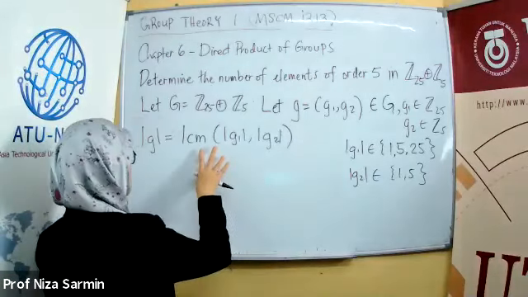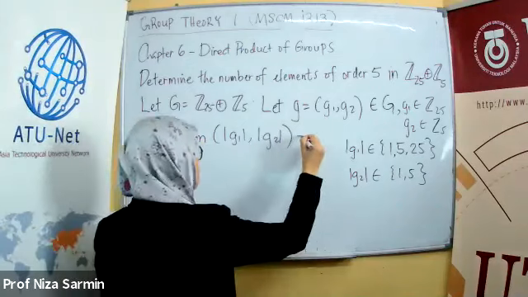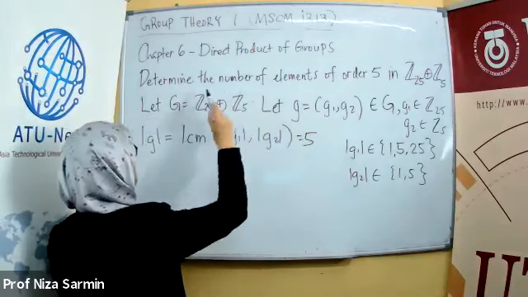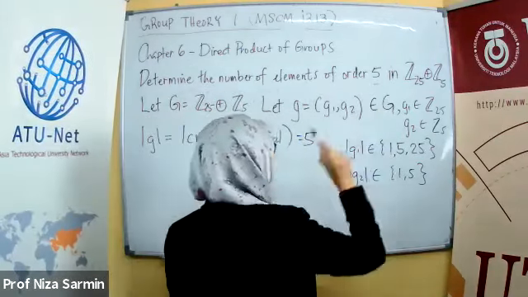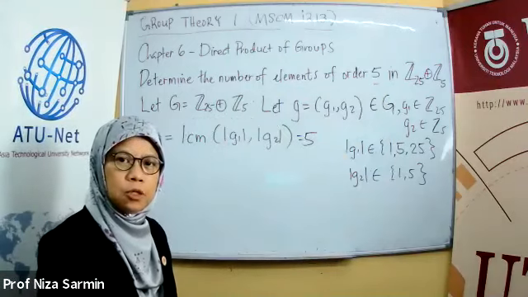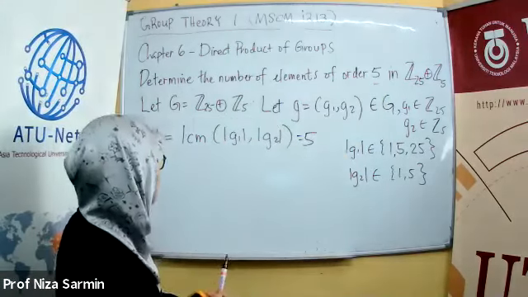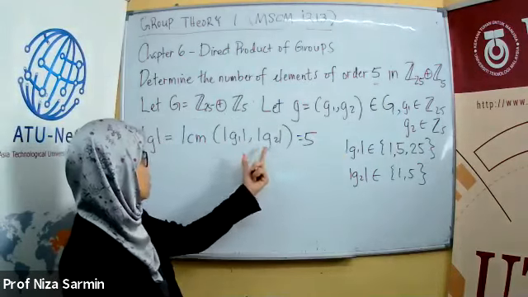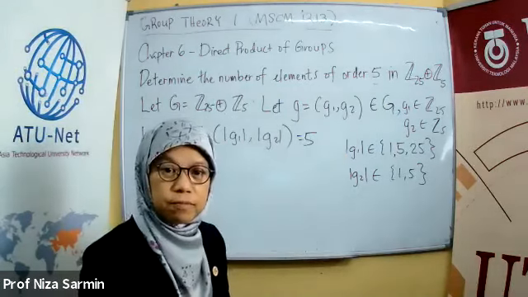Now, we want the order to be 5. That's the question: determine the number of elements of order 5. So you have to determine when the LCM of these two is equal to 5.